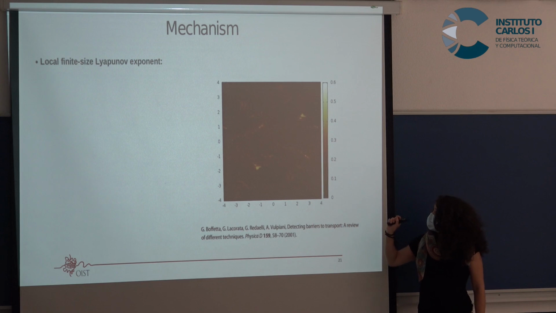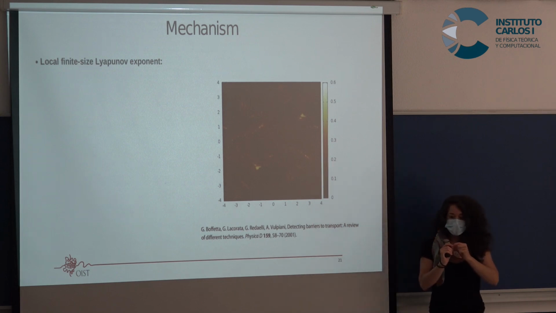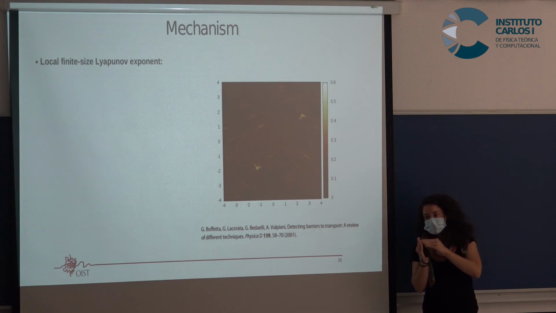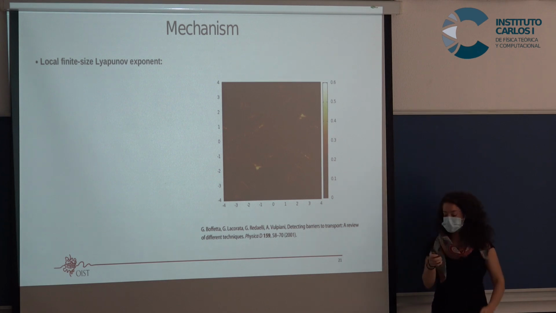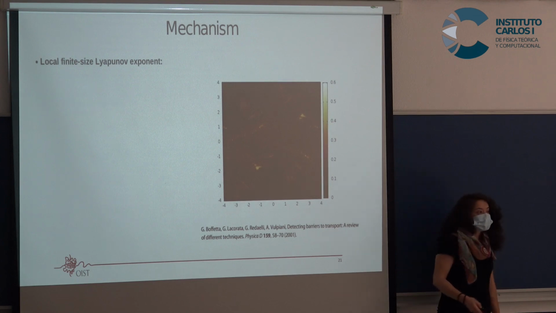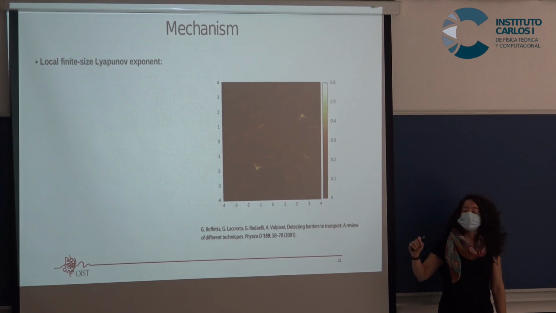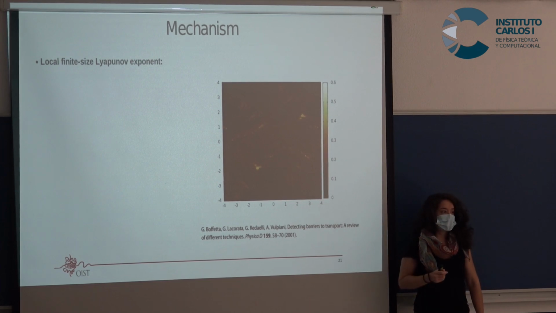And the exponent characterizes the mobility or the barriers at each point, if the individuals are limited spatially by these barriers. Sorry, the system is homogeneous or it's not? It's not. Okay. We have chaos.